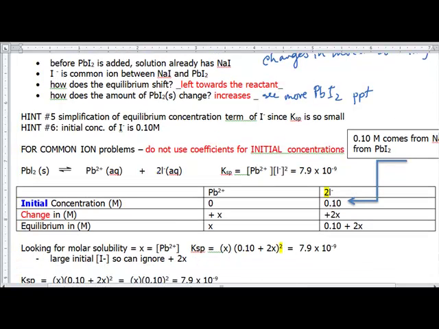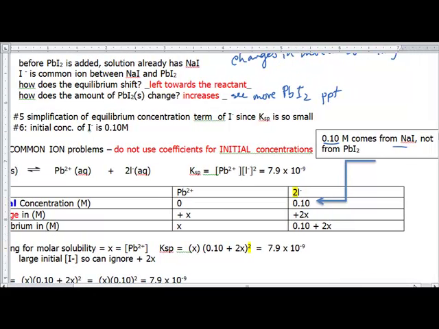So I'm going to put the lead 2 iodide in a solution of 0.1 molar sodium iodide. Initially I don't have any lead dissociating, but I already have 0.1 molar iodide already there. So we're not going to multiply it by 2.